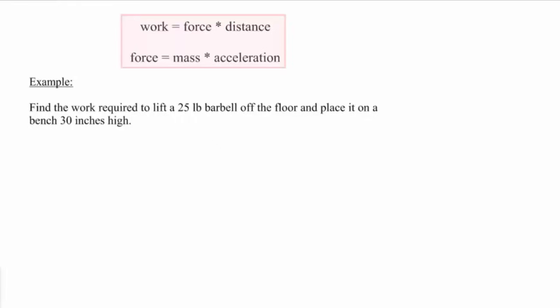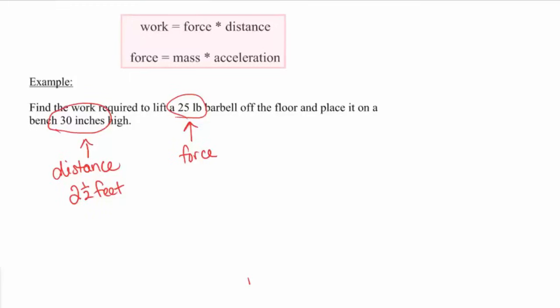So an example of work, it says find the work required to lift a 25-pound barbell off the floor and place it on a bench 30 inches high. So the 25 pounds, that's our force. And the 30 inches, that's our distance, except remember the distance has to be in feet, so 30 inches is 2.5 feet.